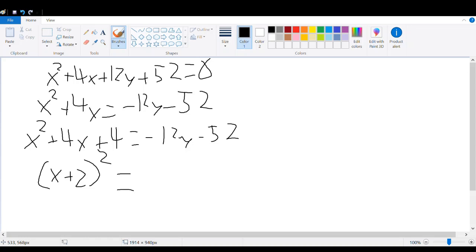So, that's nice. Oh, wait, actually, we forgot something. We forgot to add the 4 to both sides. That is very important. See, because I added the 4 here, I have to add the 4 here. So I get negative 12y minus 48. Okay, I know 48 is divisible by 12.